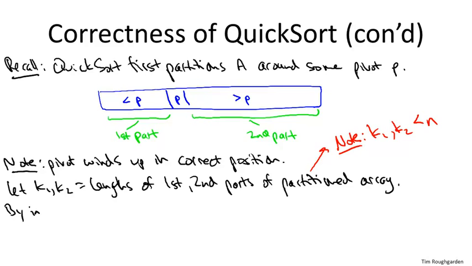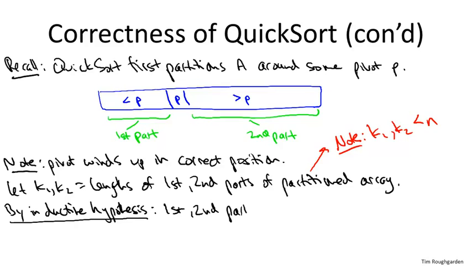That means we can apply the inductive hypothesis, which says that Quicksort never makes a mistake on an array that has size strictly less than n. That implies that our two recursive calls to Quicksort, the one to the first part and the one to the second part, don't make mistakes. They're guaranteed to sort those subarrays correctly by the inductive hypothesis.